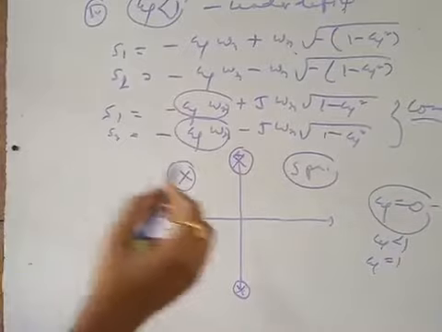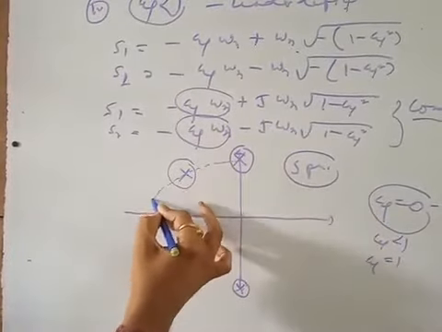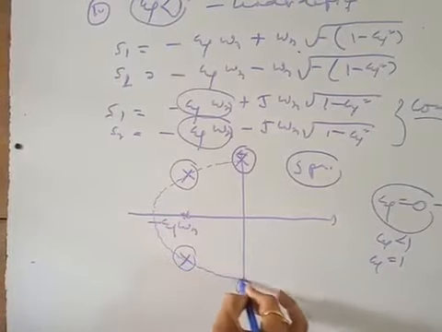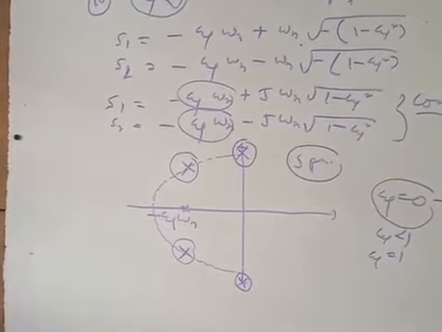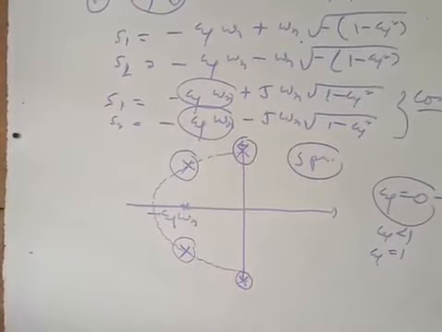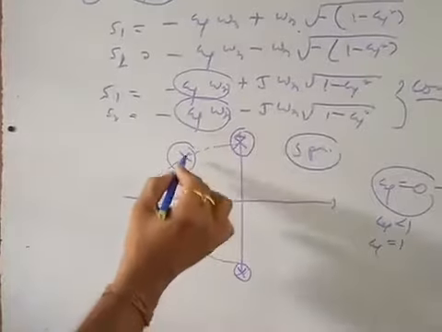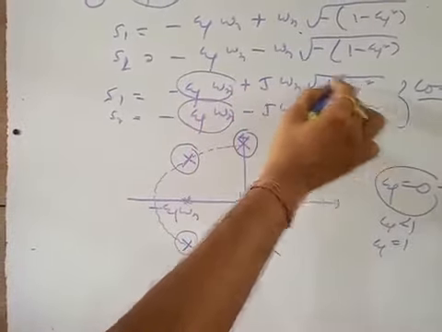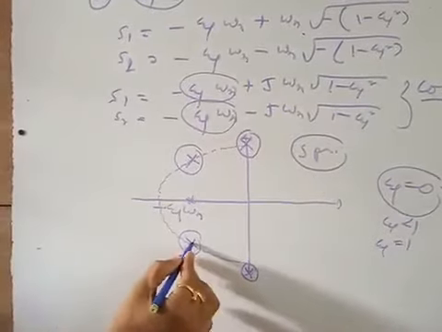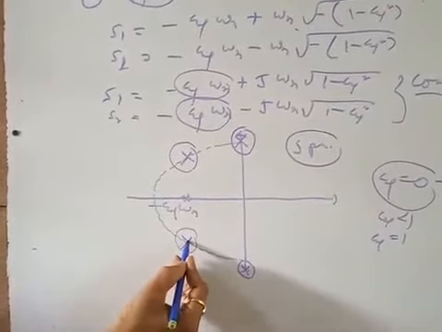Actually this is the way how the roots are moving when the value of xi, that is damping, is changing. That is the criteria you have to know. And you see, if this is your minus xi omega n plus j omega n root over 1 minus xi square, this is your minus xi omega n minus j omega n root over 1 minus xi square.